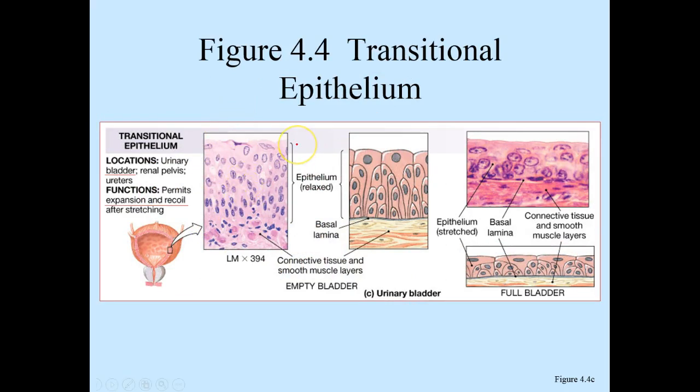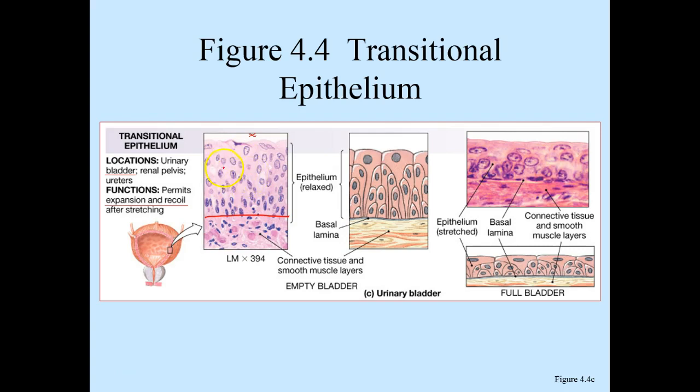Transitional. Now this does not follow the guidelines of the naming. It's transitional. Here we have our basal lamina. Here we have our free exposed surface. And it's more than one layer. You can see it's more than one layer, but there's really no rhyme or reason to the cells.